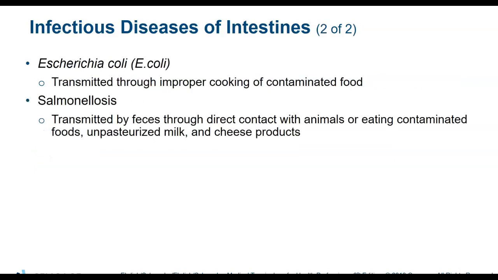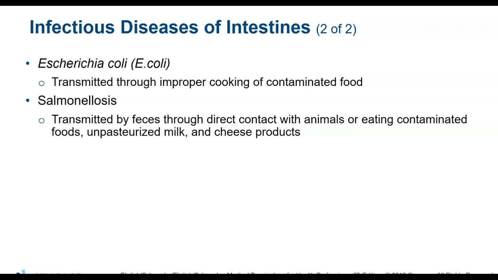We can see this in migrant workers in areas that don't have good running water and bathroom facilities. We talked a little bit about E. coli. While it is a good thing in the large intestine, it is not a good thing in any other part of our body.